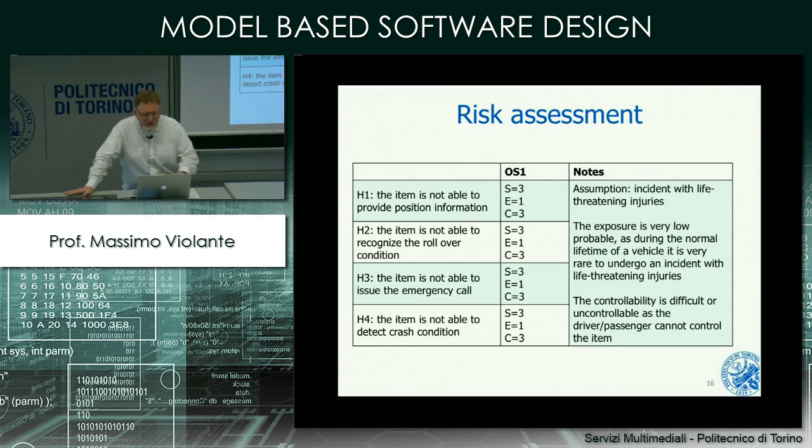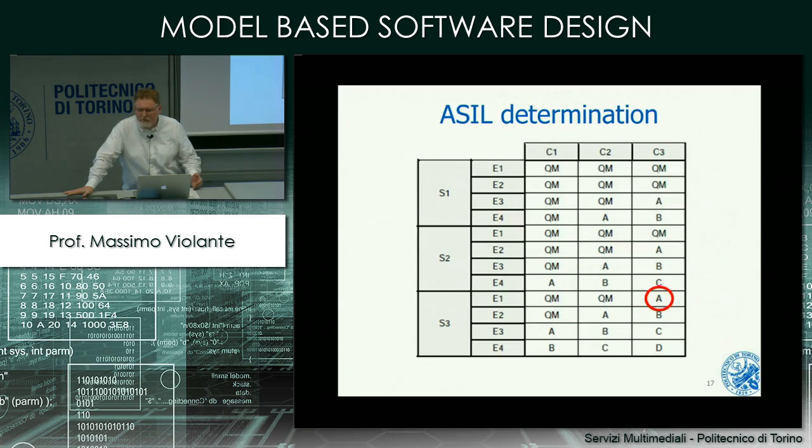So thanks to this analysis, you can make the sum and you will see that it is 7. So this means ASIL A. So we have to design for an ASIL A. Even if we are in an incident with life-threatening injuries, the probability of being in that situation is so low that the risk is ASIL A.